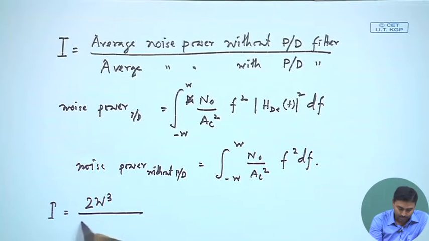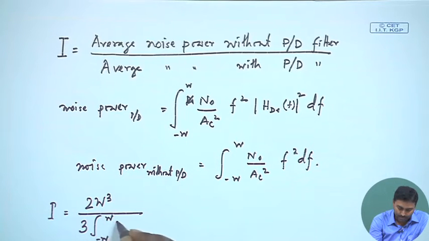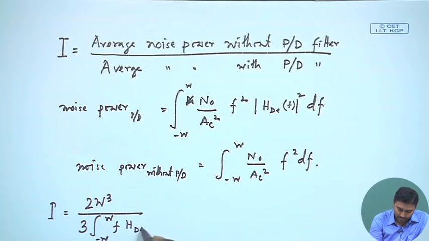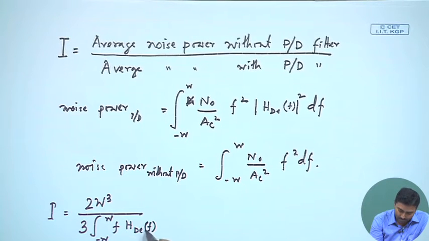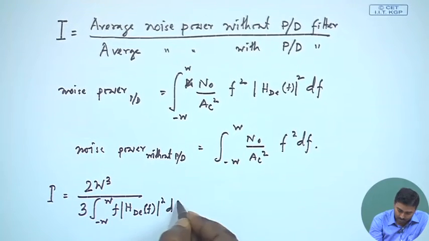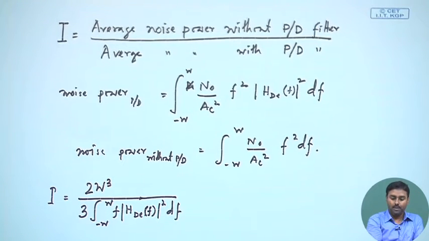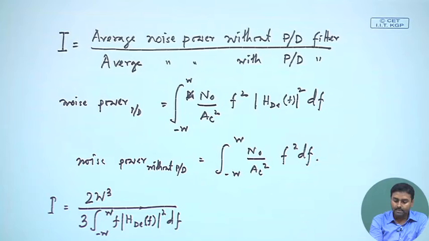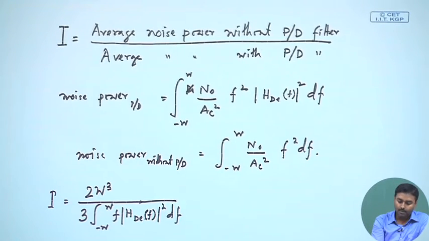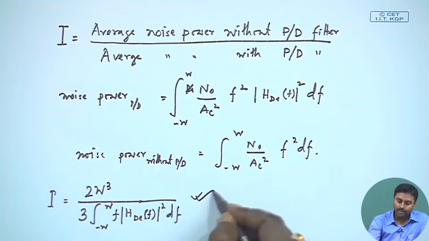After doing this simplification by 3, I will be only left with this integration of F squared times mod HDEF squared DF. That is my I, right. So, N0 by A_c square gets cancelled because this is a ratio of noise power. So, I have to evaluate this.